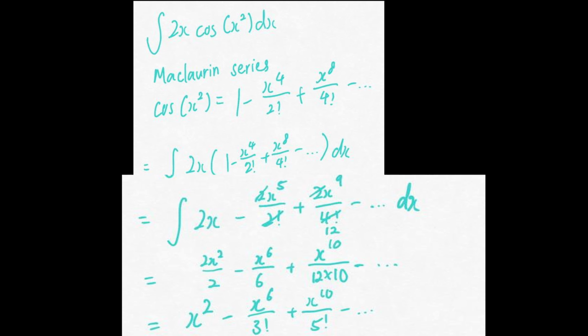So if you integrate, it becomes the integral of 2x times (1 minus x⁴/2! plus x⁸/4! and so on) dx. So after we integrate it, we get x² minus x⁶/3! plus x¹⁰/5!.